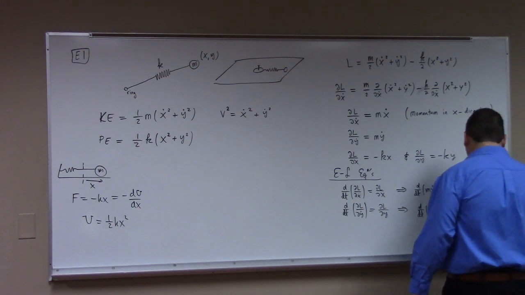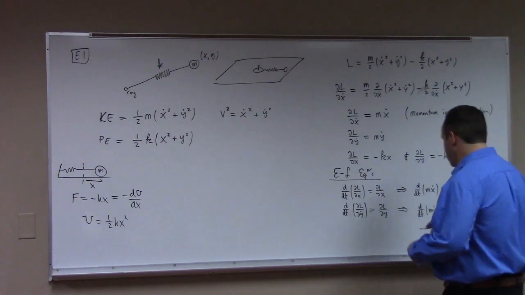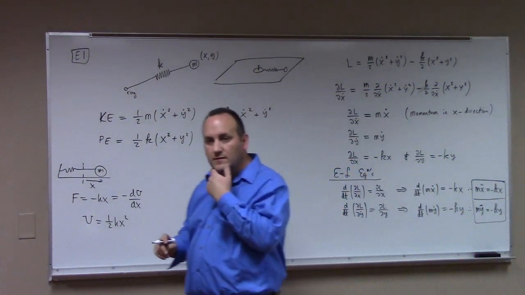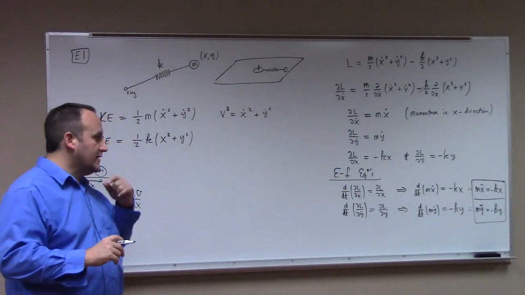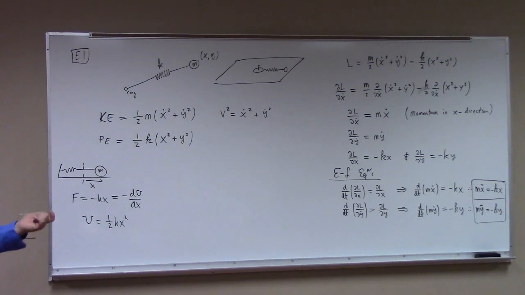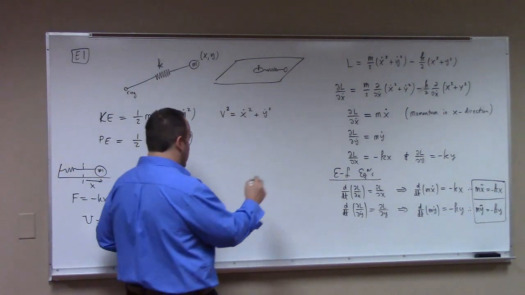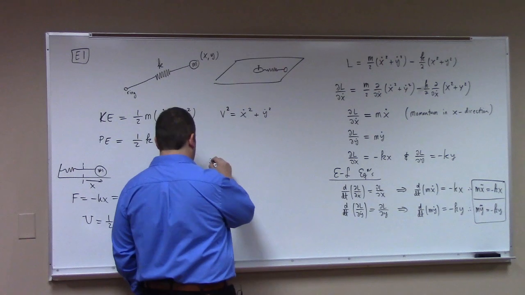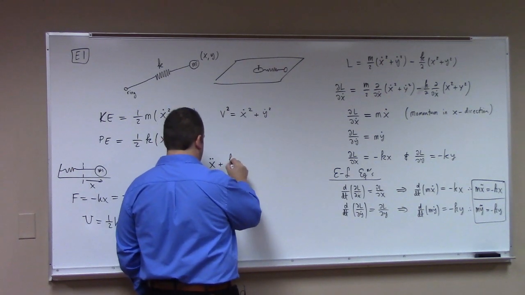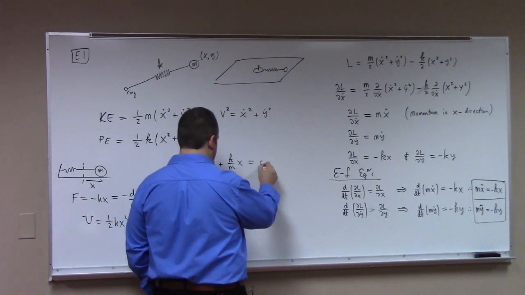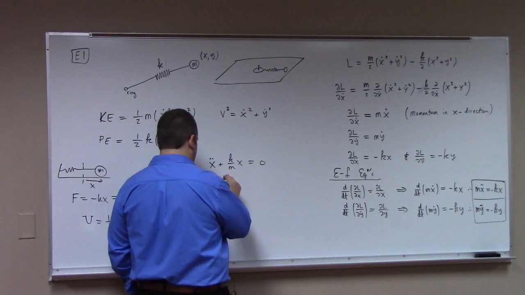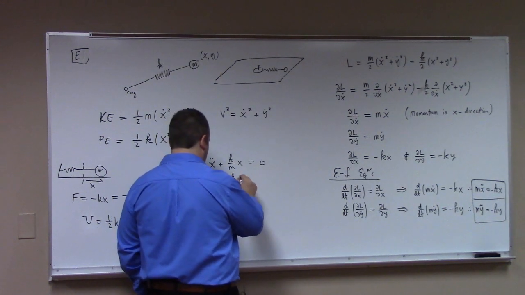Oh, that's kind of cool. We could actually solve these, right? These are decoupled. They're just a pair of second order constant coefficient ordinary differential equations. These we could actually just rattle off the solution for if we wanted to, right? We're looking at x double dot plus k over m x equals 0, and y double dot plus k over m y equals 0.